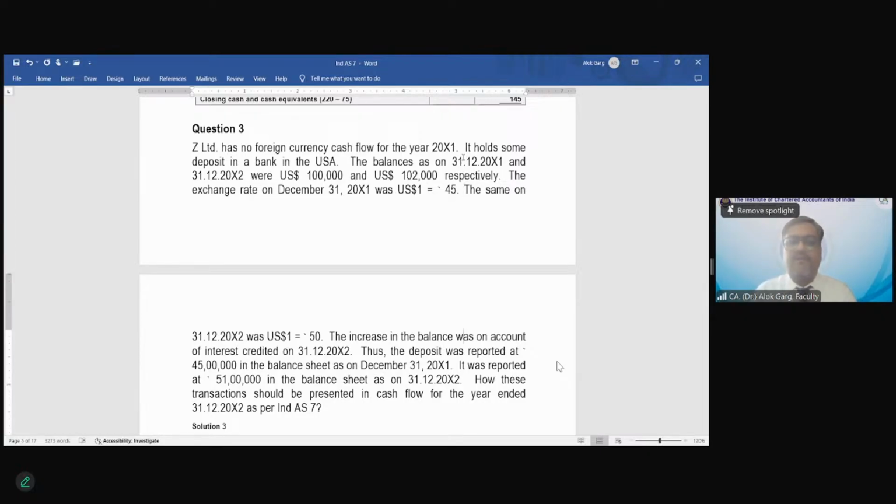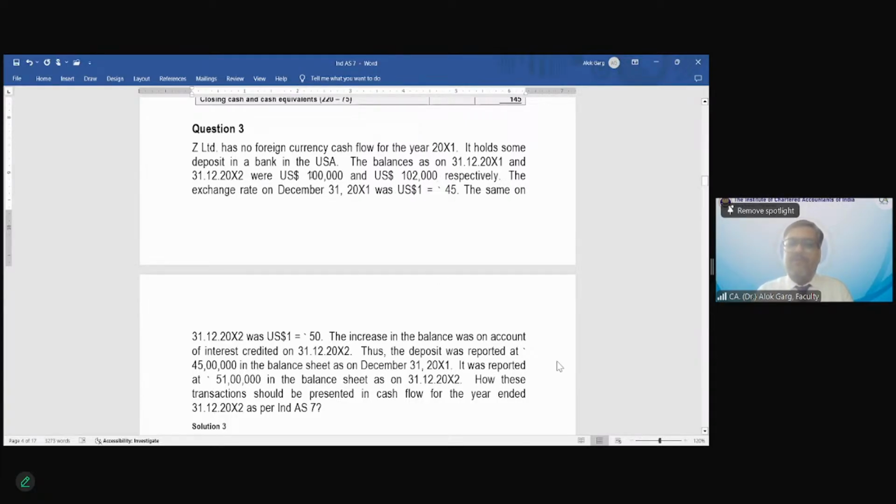The same on 31st December 20x2 was 50 rupees. So $1 lakh balance was on opening, and in closing it becomes $1 lakh $2,000. You have given the foreign currency bank balance and the exchange rate, 45 rupees per dollar and 50 rupees per dollar in the opening and closing.